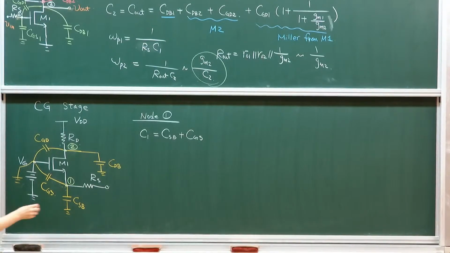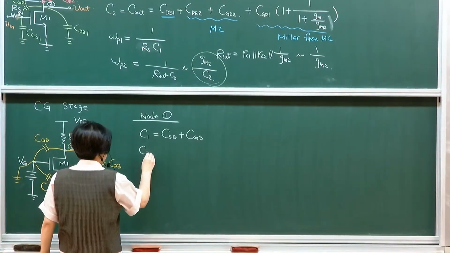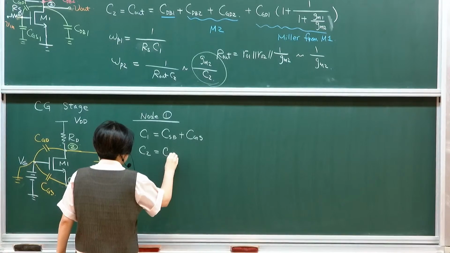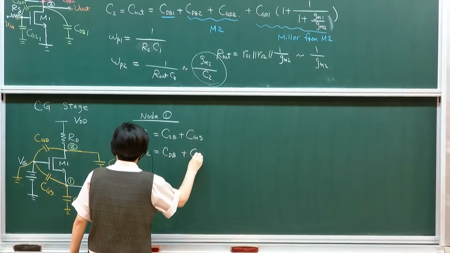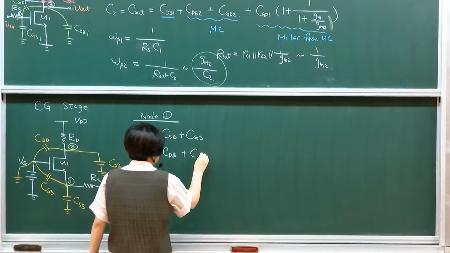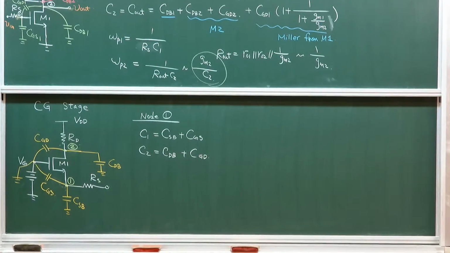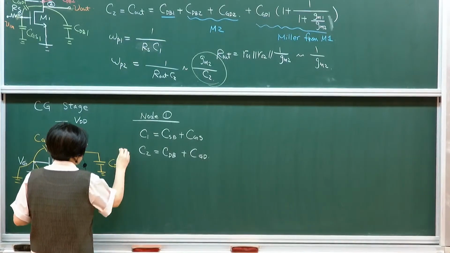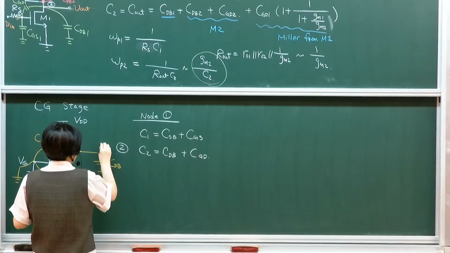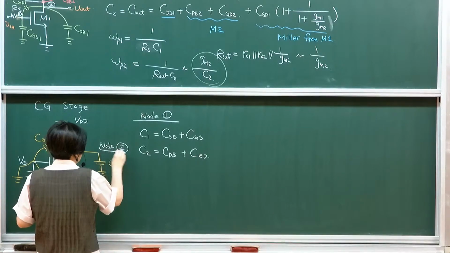Okay? From the output terminal, it's the same. I start with my junction, drain to body, plus the parallel plate capacitance CGD. So this is node 2.